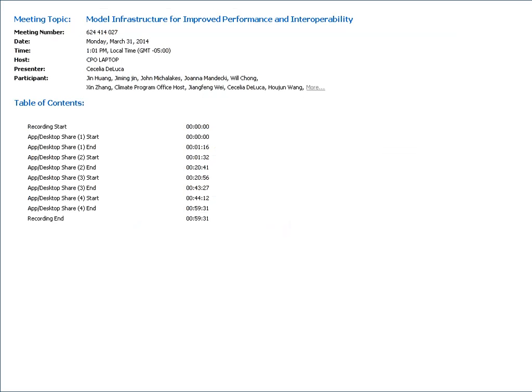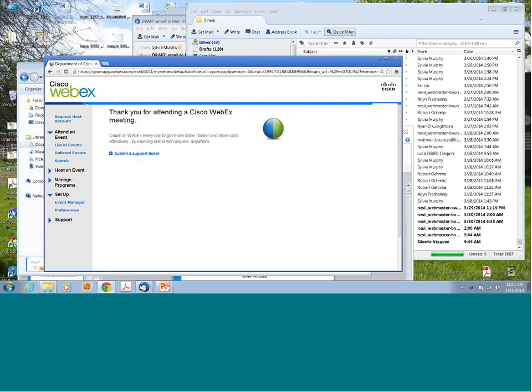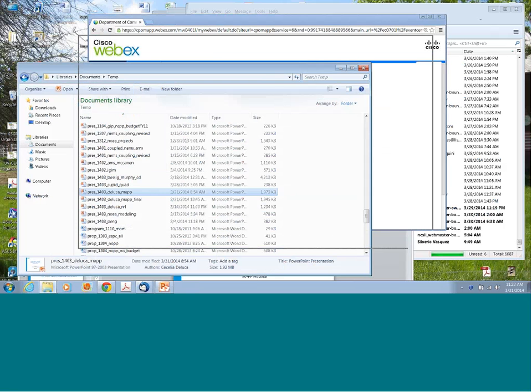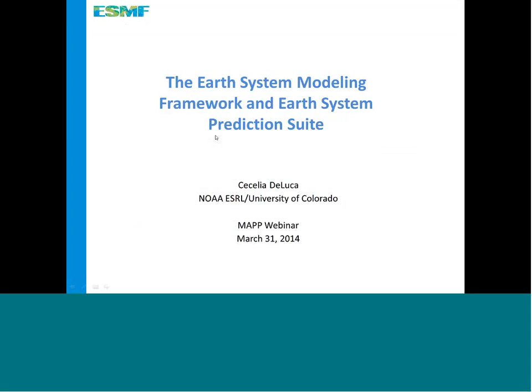Can you see my screen? No, not yet. Just hit the Share My Desktop button, and then we'll be able to see it. Okay, looks good. Whenever you're ready, go ahead.